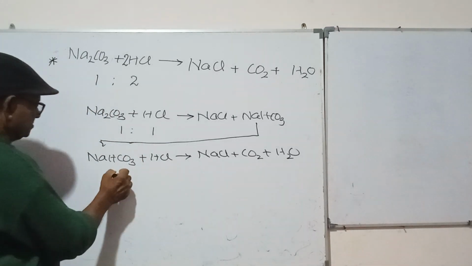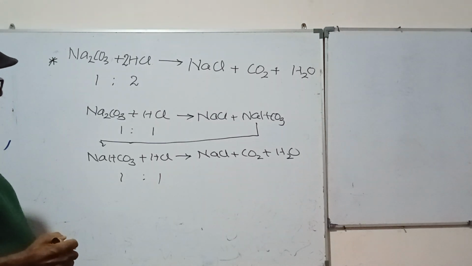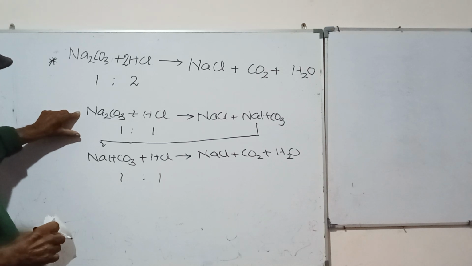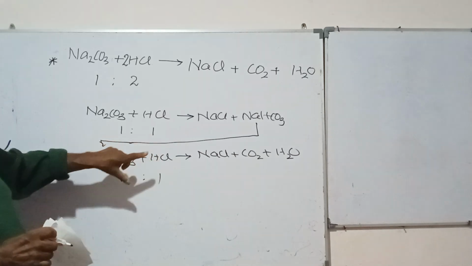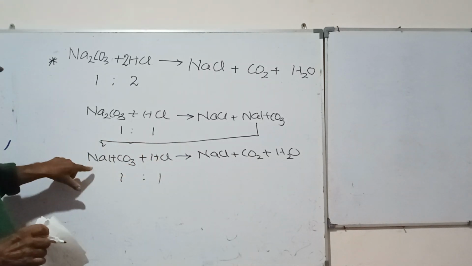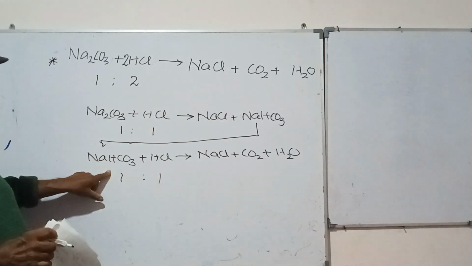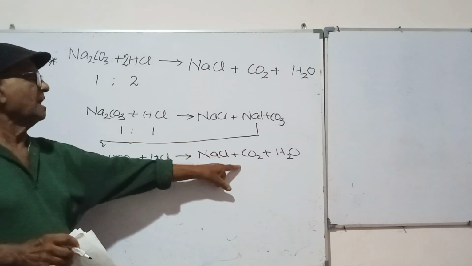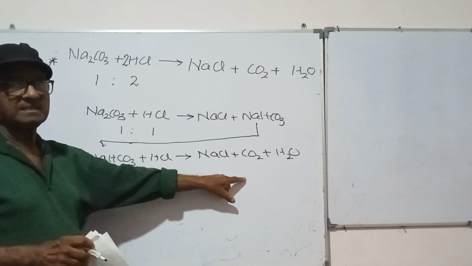This is also 1:1 ratio. See here, first step, sodium bicarbonate is formed. If we add more HCl, then second step, the so-formed sodium bicarbonate reacts with more HCl, giving carbon dioxide. Right?